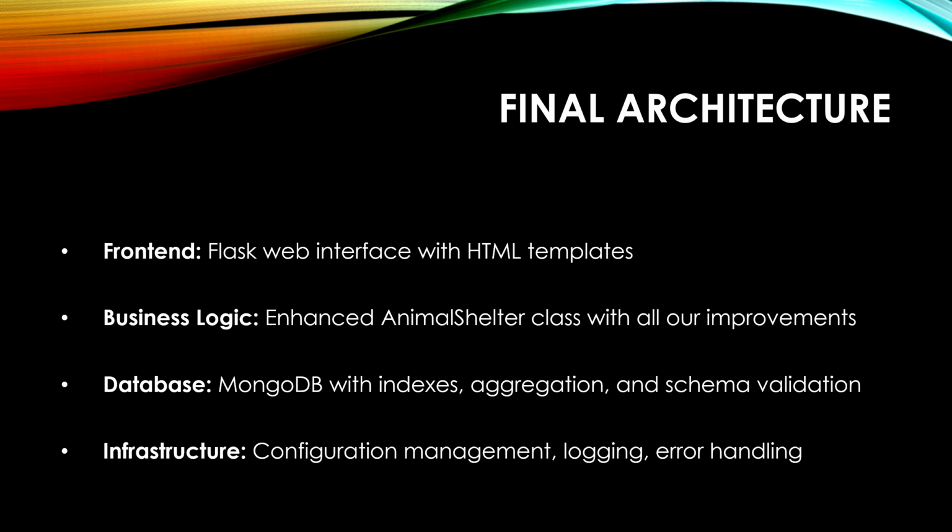So the final architecture that I will have: for the front end, I'll have the Flask web interface with HTML templates. Next, for the business logic, the enhanced animal shelter class with all our improvements.